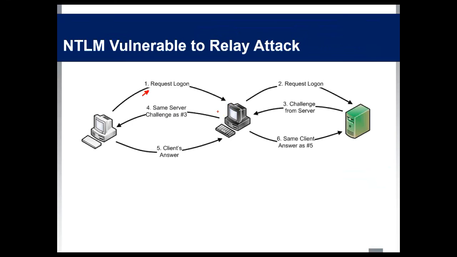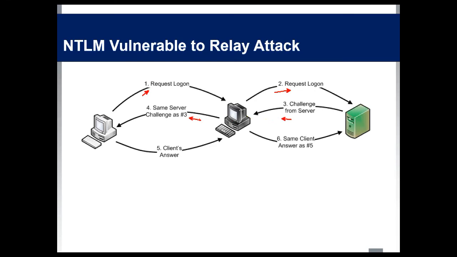So before sending the challenge back to the client, the compromised host sends that same logon request to the server it wants to log into. It waits for the challenge from that server, and then the attacker takes that exact same challenge and sends it over to our unwitting and unknowing incident responder, for example.